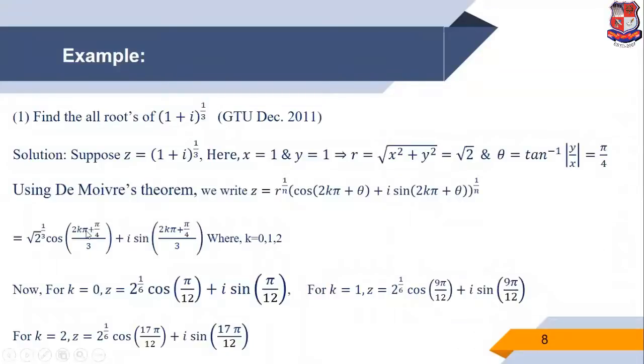Then 2 pi plus pi by 4, so 4 into 2 is 8 pi plus pi, so 9 pi by 12: cos 9 pi by 12 plus I sin 9 pi by 12. And k equal to 2, so 2 into 2 is 4, 4 fours are 16 plus pi, so 17 pi by 12.